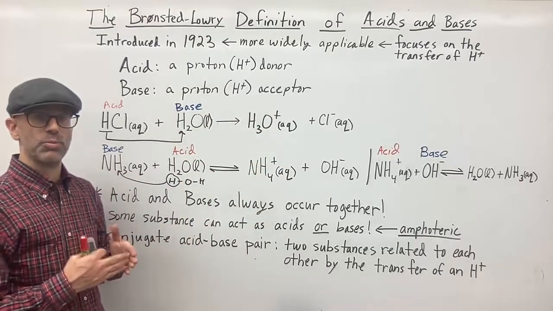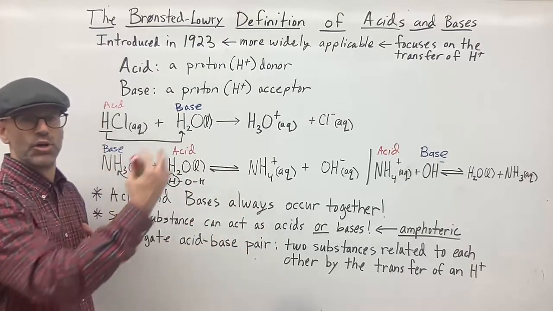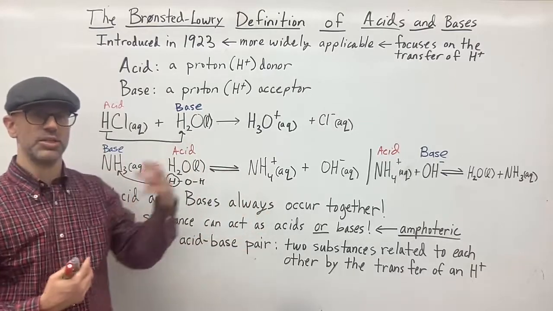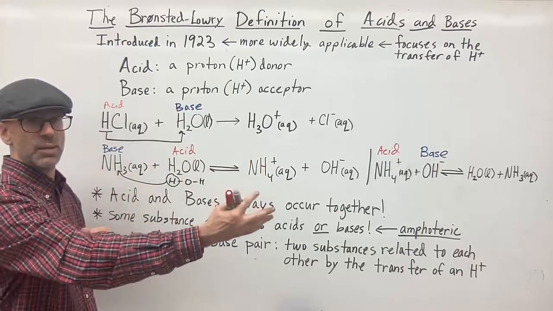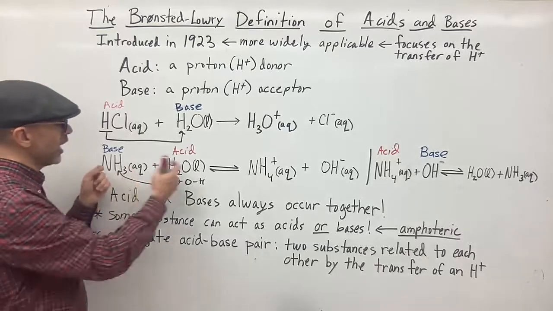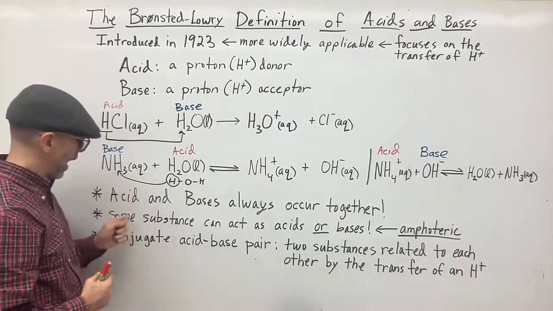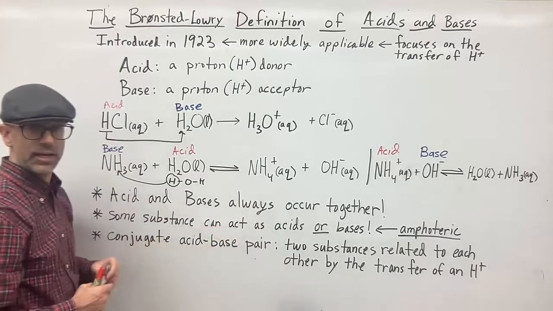So in order to be picked up, there's got to be something that's going to accept it. And in order to accept a proton, there's got to be something that's going to give it. So you can't give unless there's something willing to take what you're giving. So acids and bases are always together in the reaction.